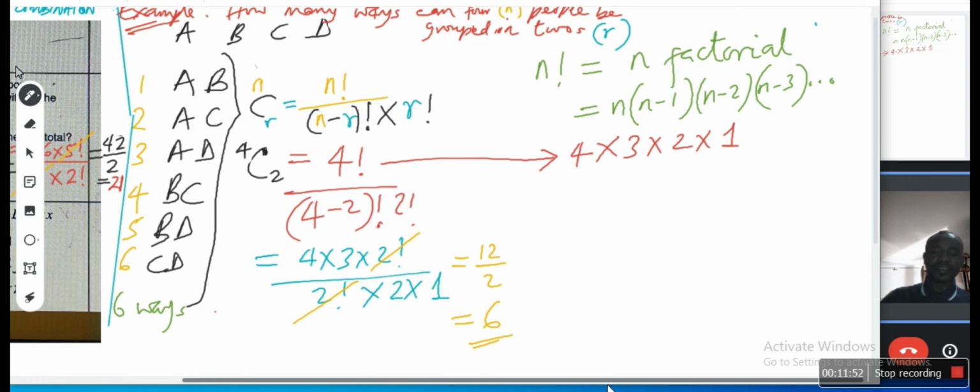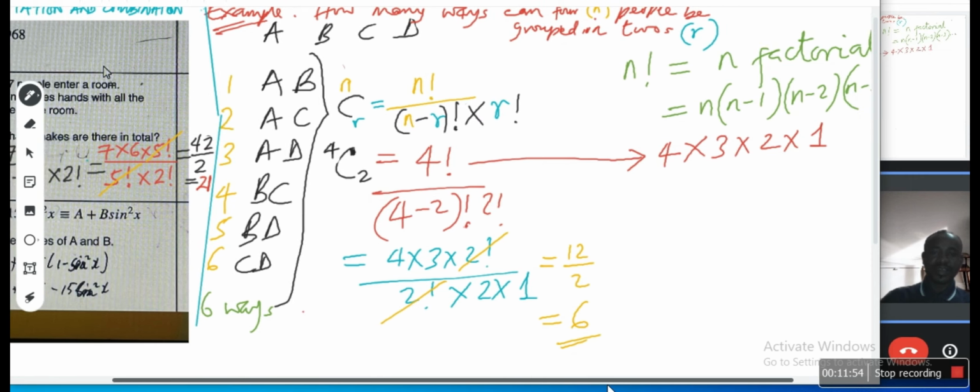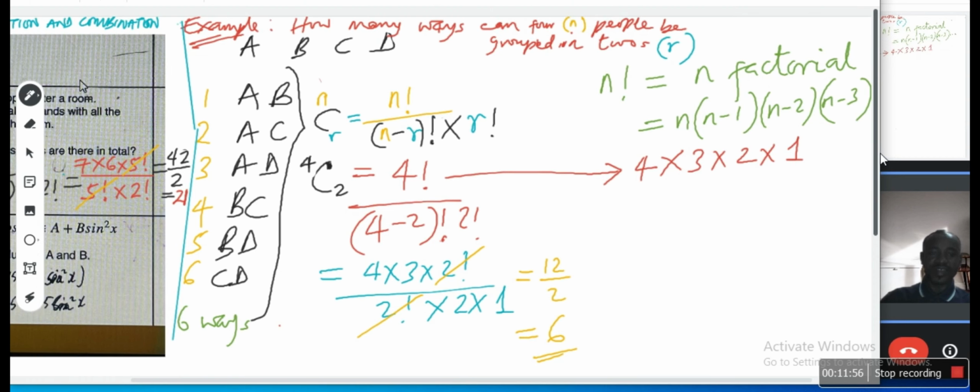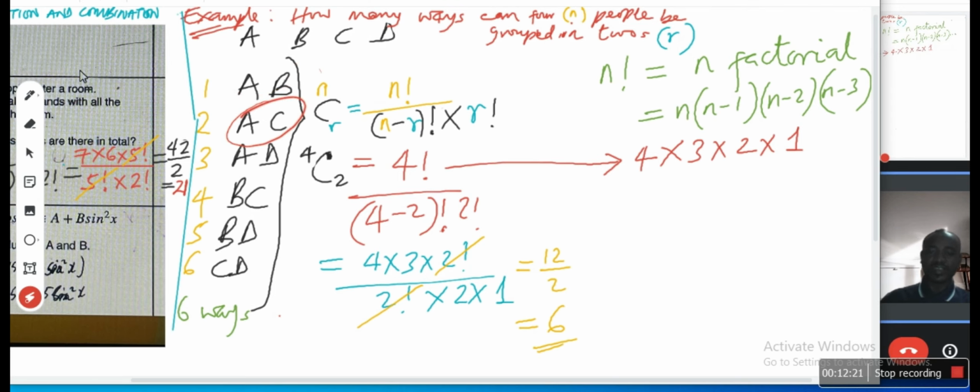Okay, if we're not interested in the arrangement, like if it's about grouping two people but we're not interested in the arrangement, or we're interested in the arrangement, like AB is different from BA, that means we are still going to have AB, BA, AC, CA, AD, DA, BC, CB.